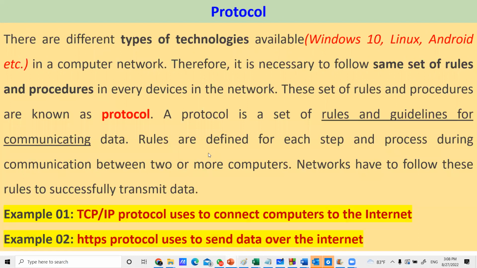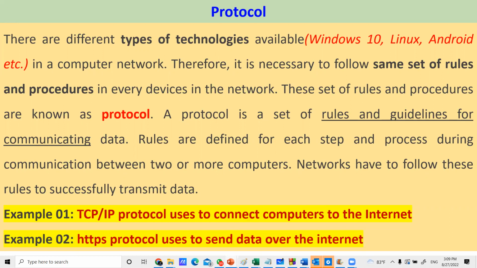Then about the protocol here, earlier we identified the simple meaning of the protocol. Protocol we can identify as a set of rules and procedures. All of these rules and procedures are followed by each and every device in the network.